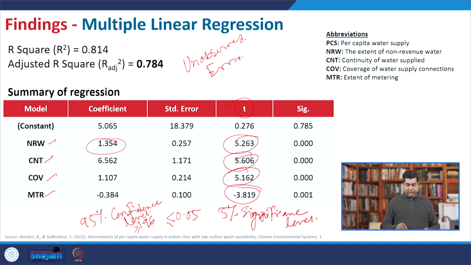But in this particular case, even if in this equation we got a certain coefficient, the t value or this significance value is not really meeting the criteria. So that means this particular value we cannot take. But again, the purpose of this particular model is not to be a predictive model of what the PCS would be, it is just to establish the relationship.